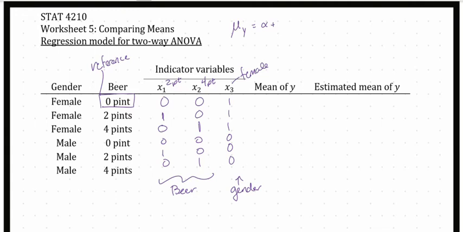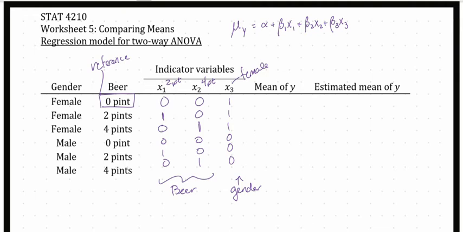So our overall model is alpha plus beta 1 x1. So this gives me the main effect for 2 pints of alcohol, plus beta 2 x2, the main effect based on 4 pints of alcohol, plus beta 3 times x3, the effect for females, the gender effect.